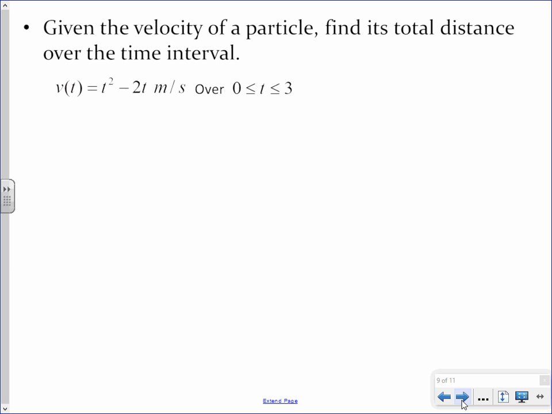Okay. So if we're looking for distance traveled, we have to identify any negative intervals of velocity, which, as Isaac pointed out, we must figure out first where the velocity is 0.